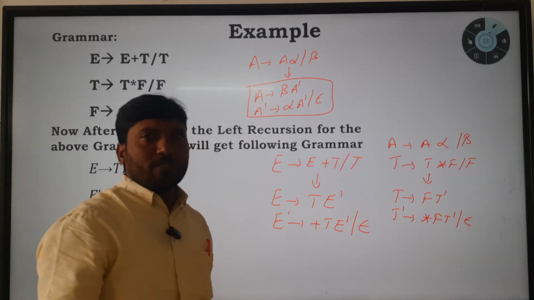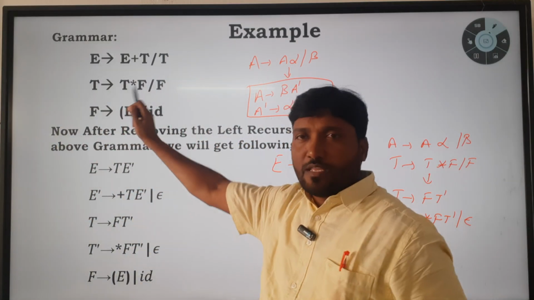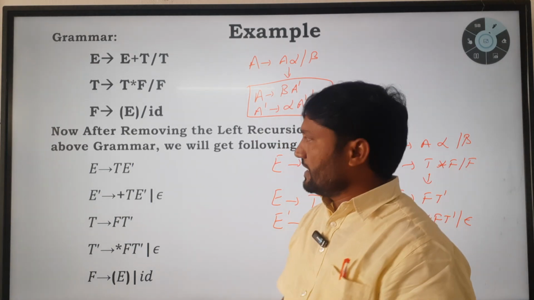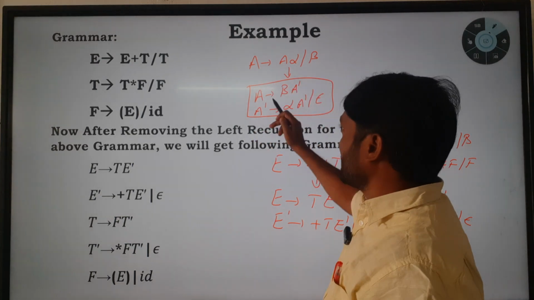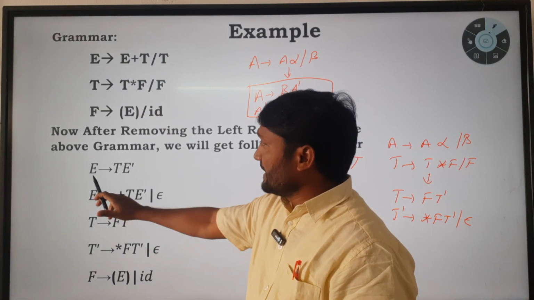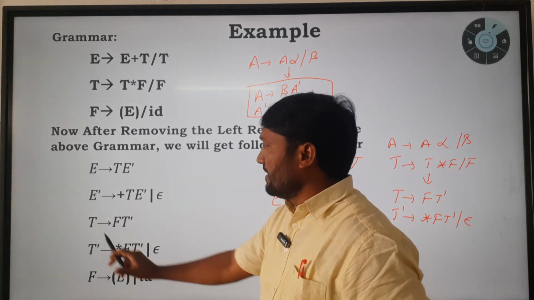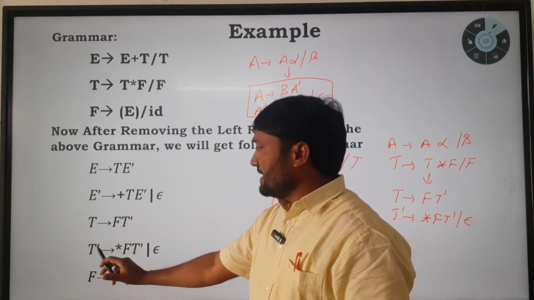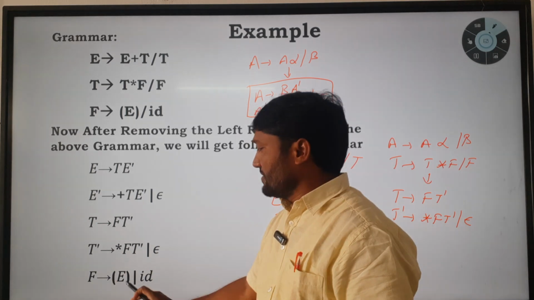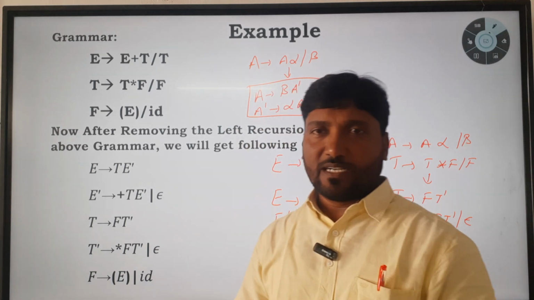This is how we eliminate it. In the given context-free grammar there is left recursion, so we eliminate it using this formula. After eliminating the left recursion: E derives T E dash, E dash derives plus T E dash or epsilon, T derives F T dash, T dash derives star F T dash or epsilon, and F derives E or ID.